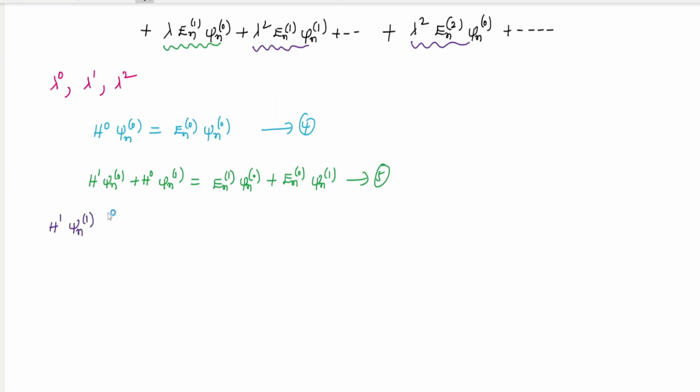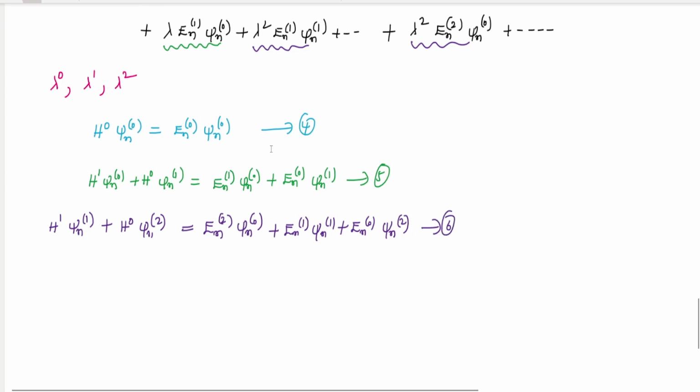H prime psi n power 1 plus H naught psi n power 2 equals E n power 2 psi n power 0 plus E n power 1 psi n power 1 plus E n power 0 psi n power 2. This is equation number 6.